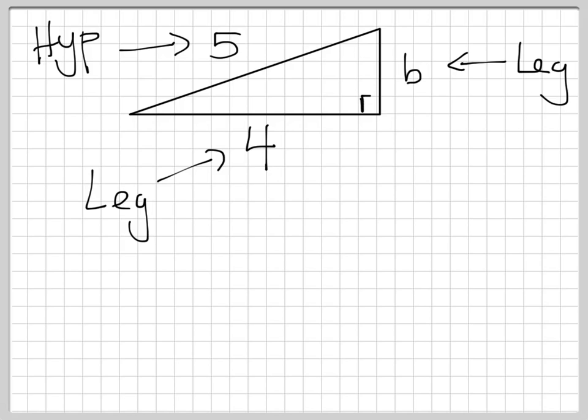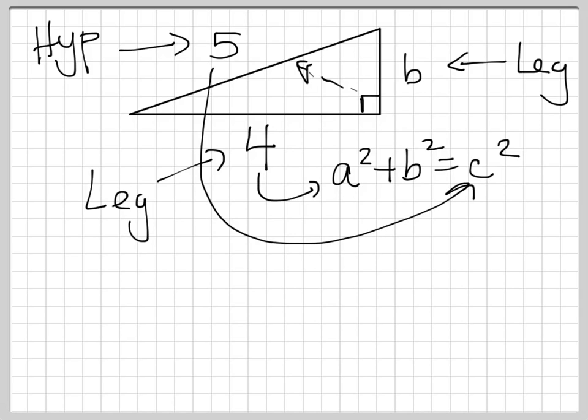And remember, the hypotenuse is always the side across from the right angle. The legs touch the right angle, the hypotenuse is across from it. And so, remember, a squared plus b squared equals c squared. Here we have our a and we have our c.